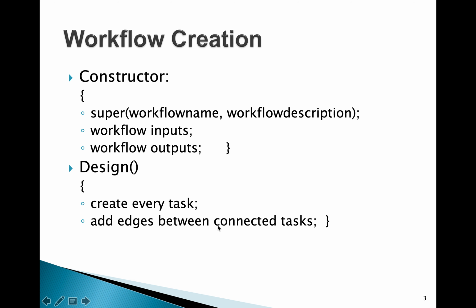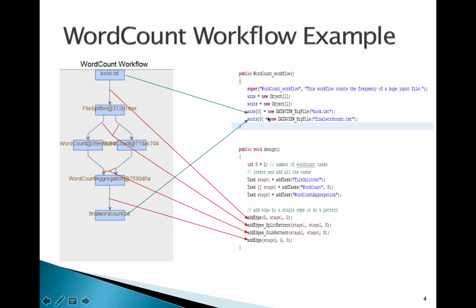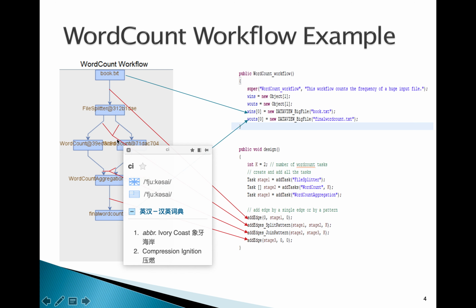Next, I will show you an example, which is the word count example. The left side is a picture of this workflow, and you can see here this is the workflow input file, and the final word count is the workflow output file, and all these other boxes are the tasks.